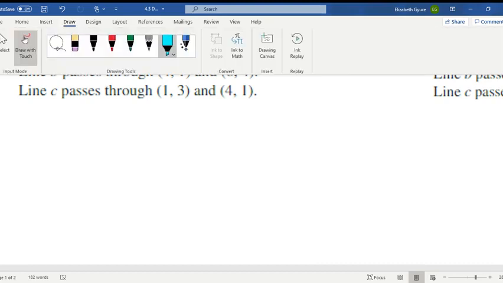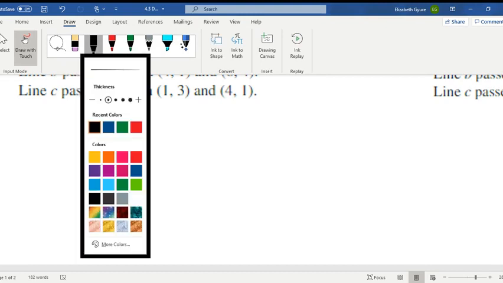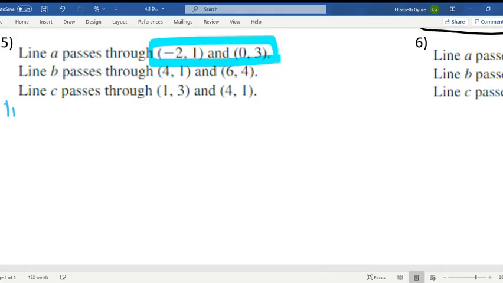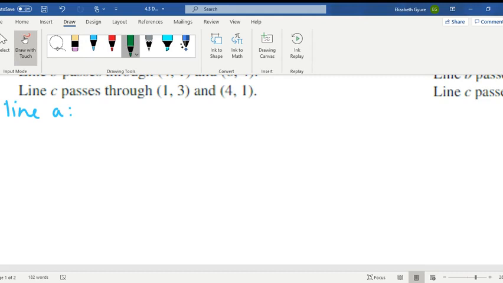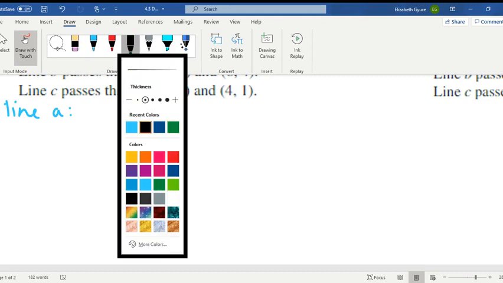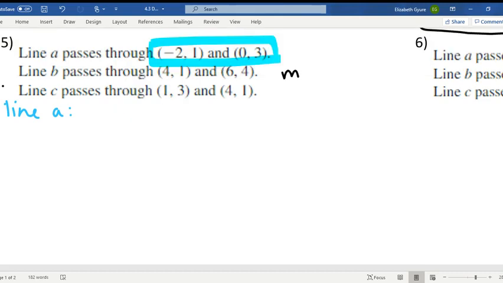So let's find that slope. Actually, before we even do that, let's write our slope formula down. We don't want to forget that, right? So remember, slope formula is m equals y2 minus y1 over x2 minus x1. So that's the formula we're using here.